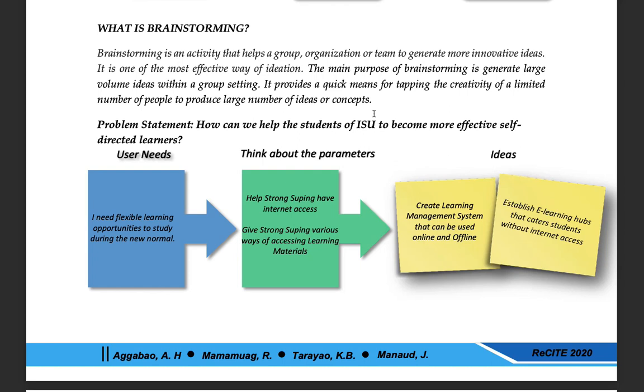One of the most useful materials is the book, but during the new normal there are limited face-to-face classes, so we can give ways to access learning materials by, for example, this online video.